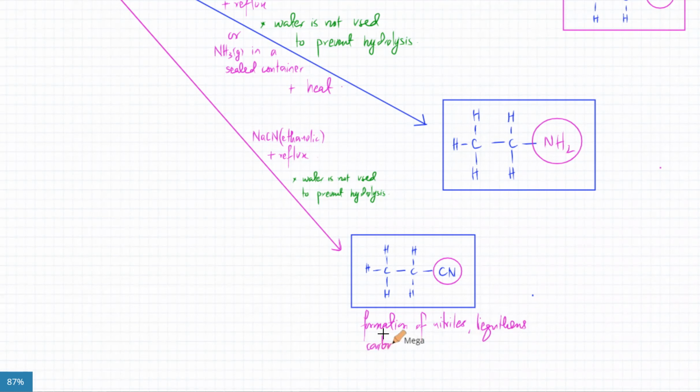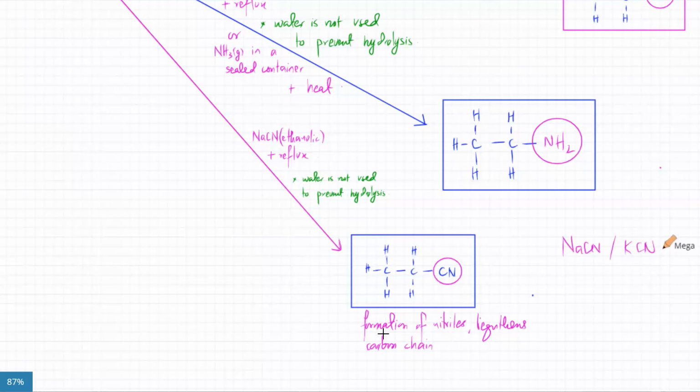Sir, can we use KCN as a catalyst? One thing, make sure you remember this: there's no difference between NaOH and KOH. They're kind of the same thing. There's no difference between NaCN or KCN, or NaCl or KCl.